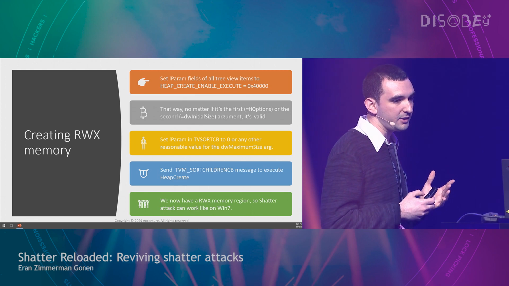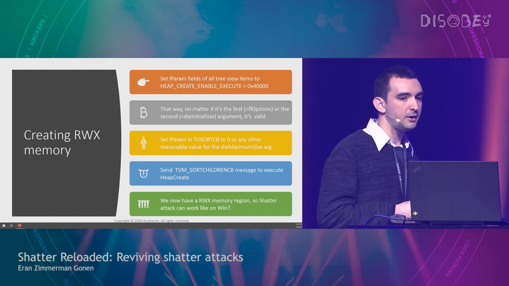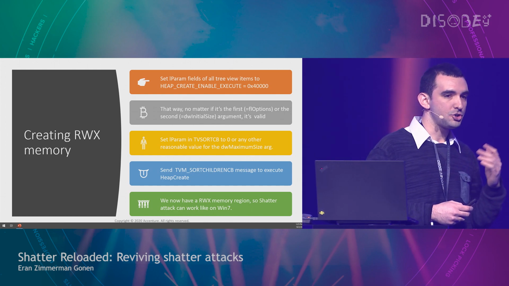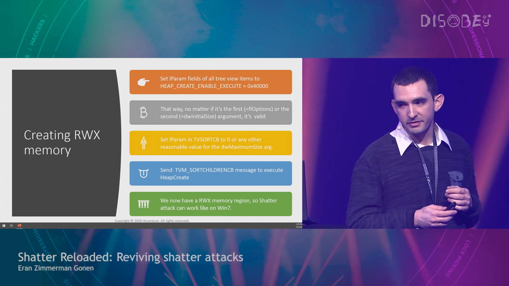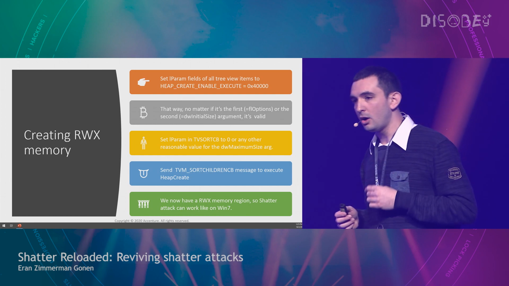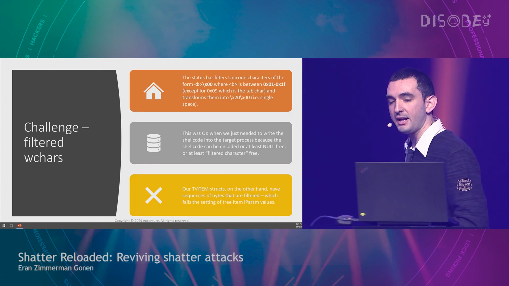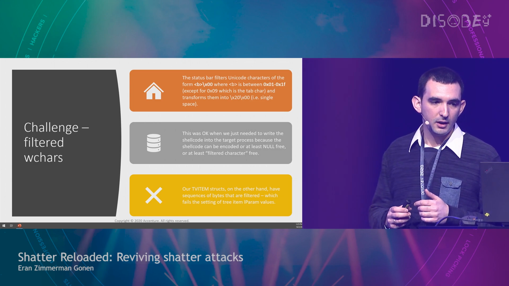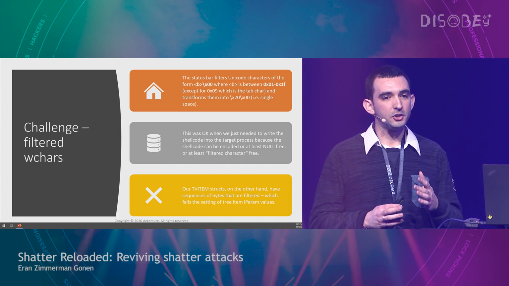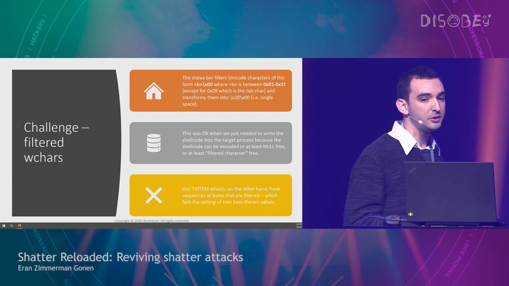So then once we have these, we can basically create our own RWX memory, and the Shatter attack can work as it did in Windows 7, right? Well, almost. We had one more challenge to fix. Apparently, the status bar filters some bad, unprintable characters.